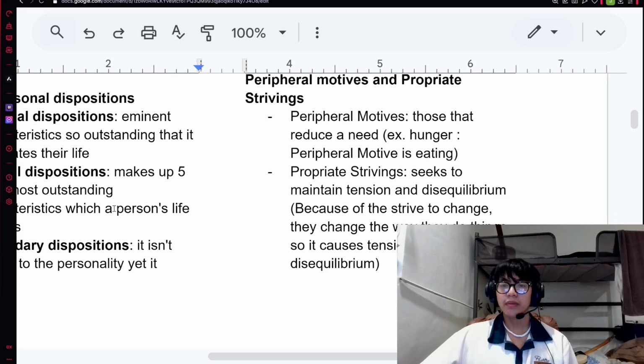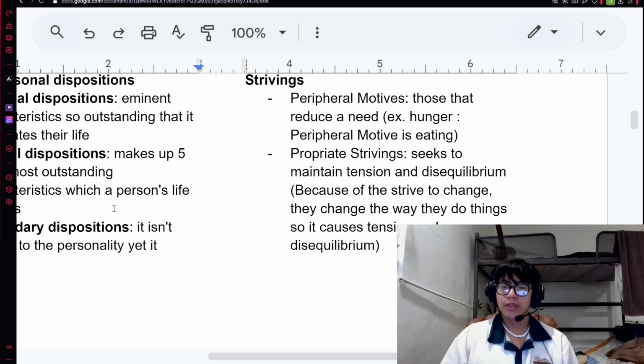Now, you might think that appropriate strivings is simple. It's just the opposite: things that maintain tension and disequilibrium. Because peripheral motives reduce a need, appropriate strivings may increase a need. In a sense, not really.